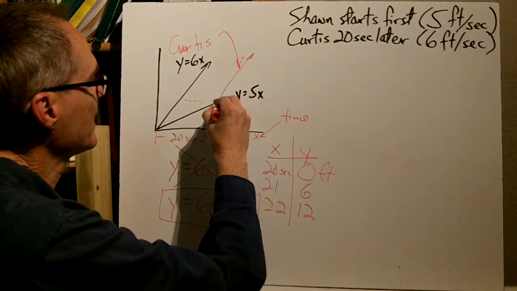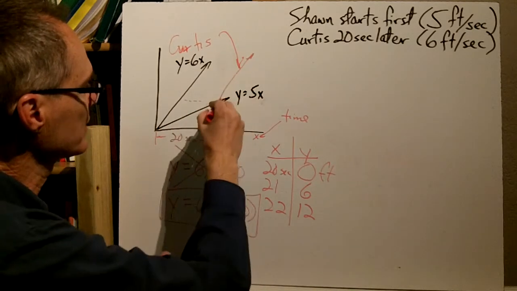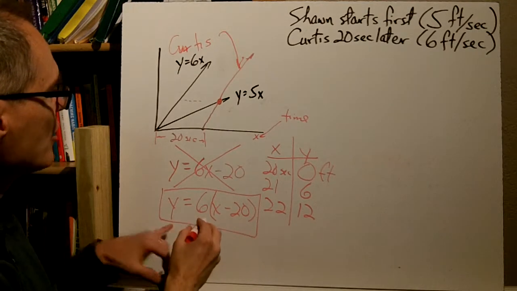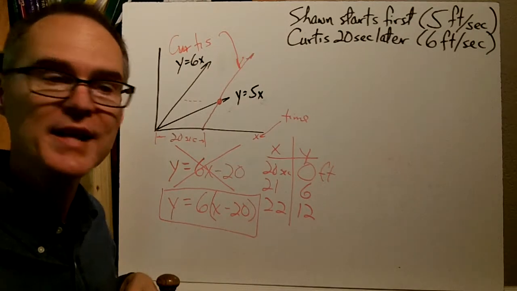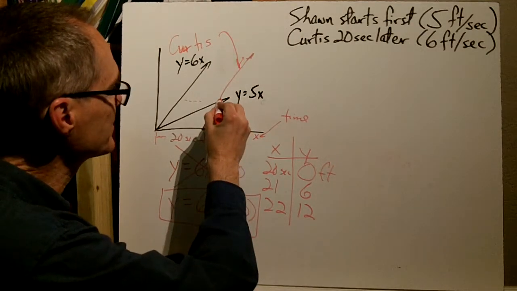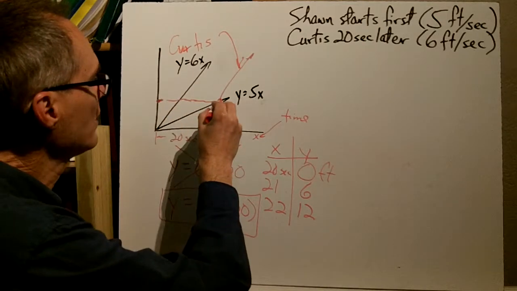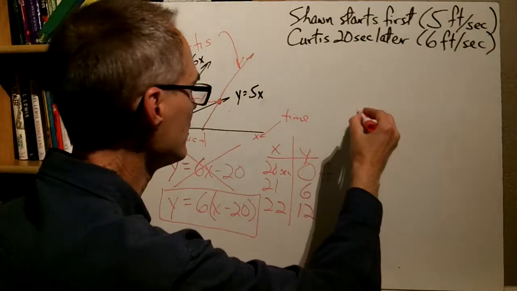And now I just want to find out where these two graphs intersect. That's going to be this point right here. I know that they're going to intersect because Sean and Curtis have walked exactly the same distance at this point, the distance y.